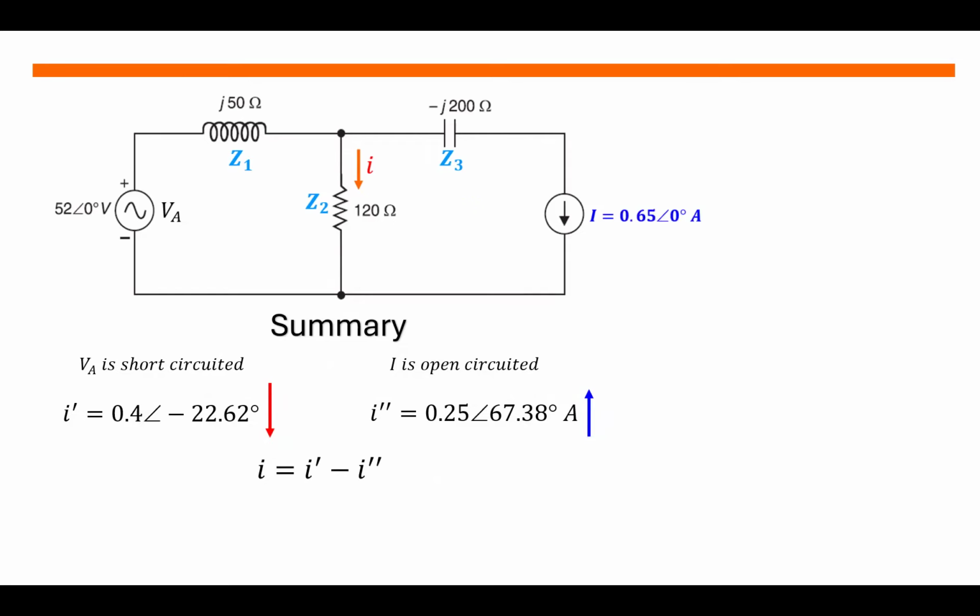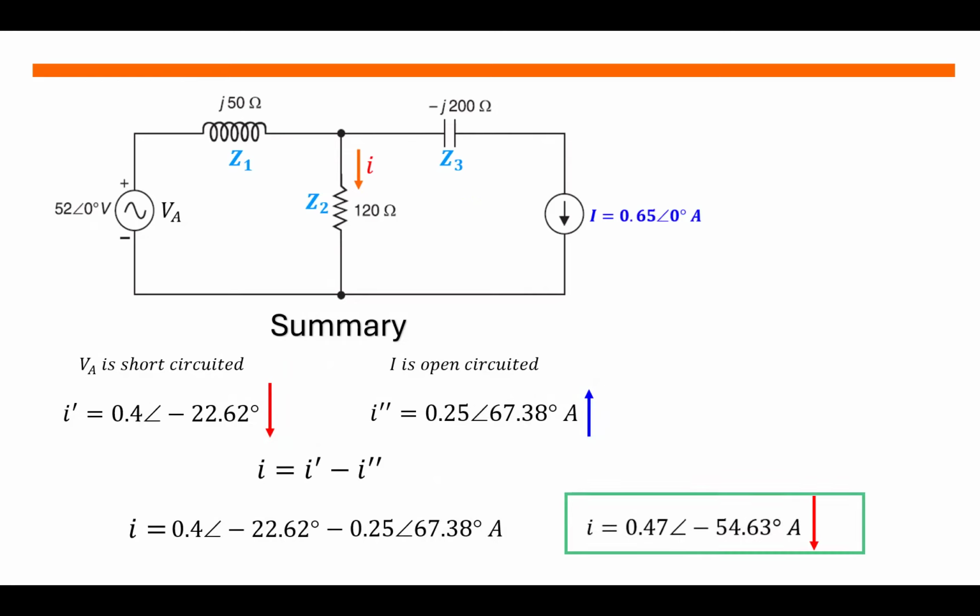Kapag ang currents natin ay in opposite directions, magsusubtract tayo. Okay? So simply substitute all the values, then we will get the value of I, which is equals to 0.47 angle negative 54.63 degrees ampere, going downward. So that is the direction of our current.